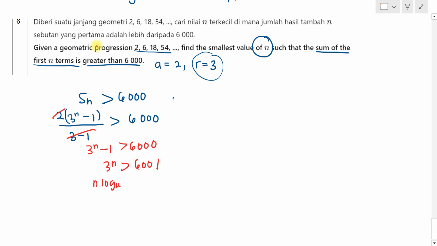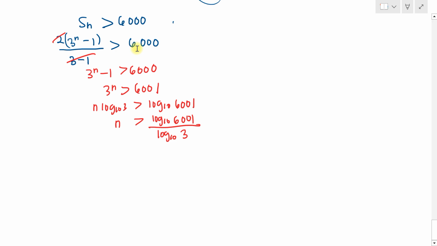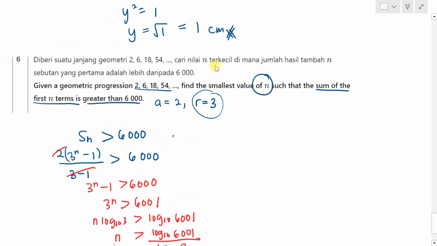And n times log 10 of 3 is log 10 of 6001, so n is log 10 of 6001 divided by log 10 of 3. You can use ln also, or any base, it doesn't matter. Use your calculator.